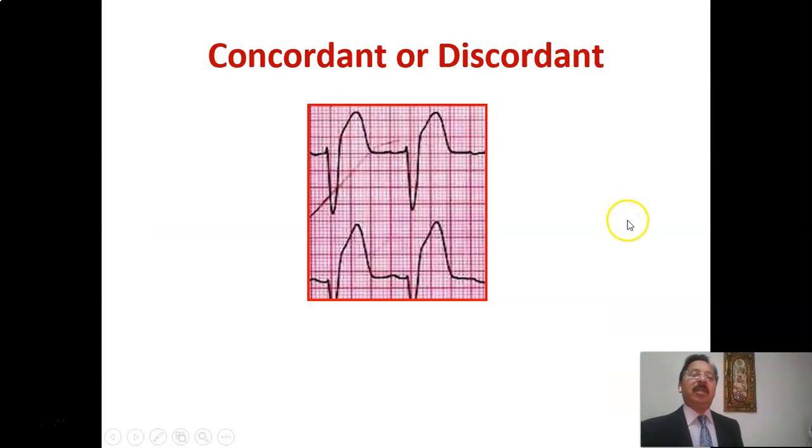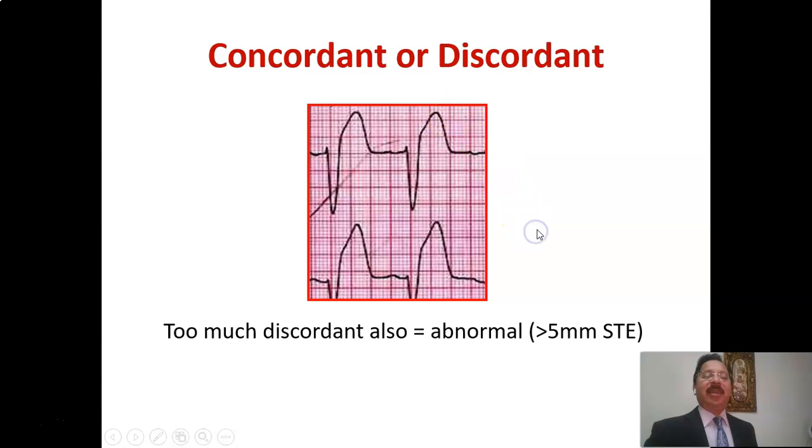Look here, is this concordant or discordant? Some are negative, some are positive. So this is discordant. But if you see the ST segments are elevated too much, too much discordance is also abnormal. So if the ST segment is elevated more than 5 mm, again this is clinically significant.